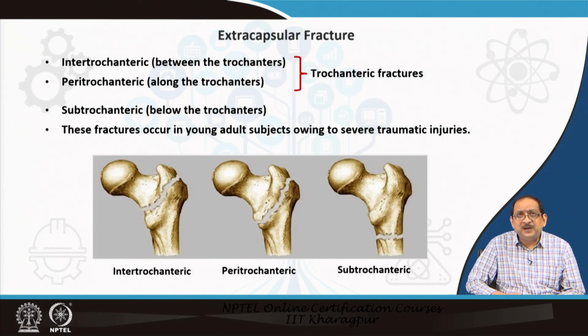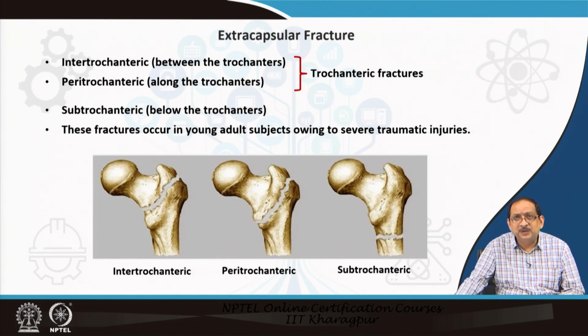The other type of fracture is extracapsular fracture. As shown in the figure, it may be intertrochanteric or peritrochanteric. Intertrochanteric is between the trochanters and peritrochanteric is along the trochanters.